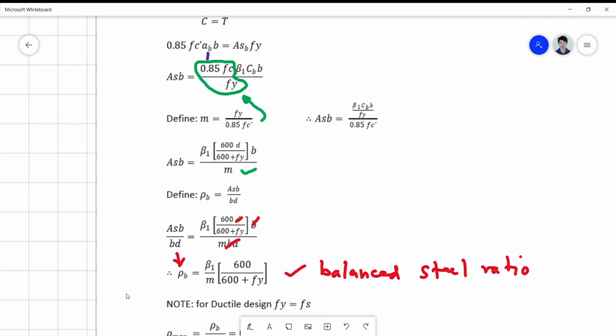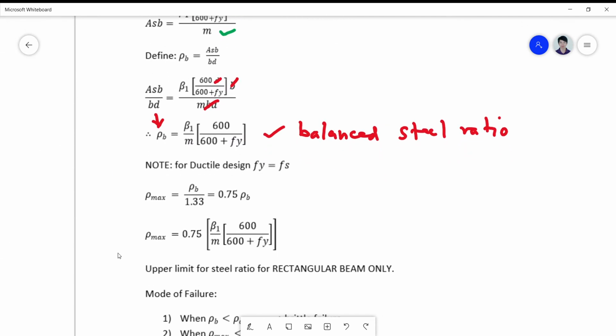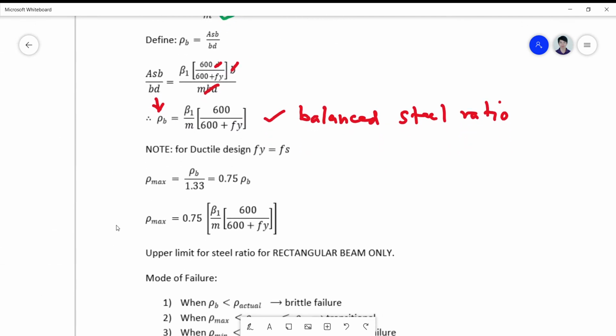Okay, note for ductile design, Fy is equal to Fs. And we know that we can insert a factor of safety, let's say 1.33, to make it 0.75 rho balance. So that's the factor of safety given on the rho balance to get your rho max.